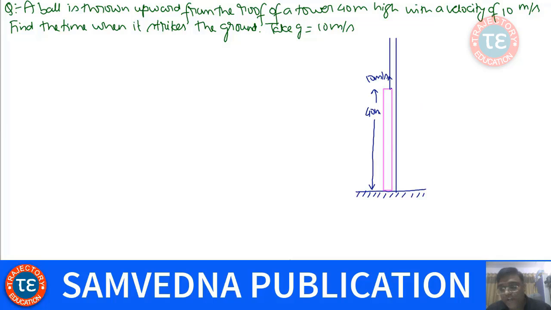Alright, so if I draw a coordinate system over here, say this is your x-axis and say this is your y-axis, or y-axis can be like this, it can be anything. Y-axis need not coincide with this ball, right?